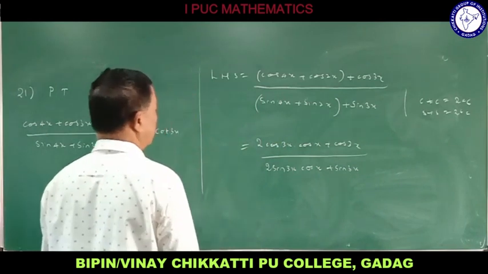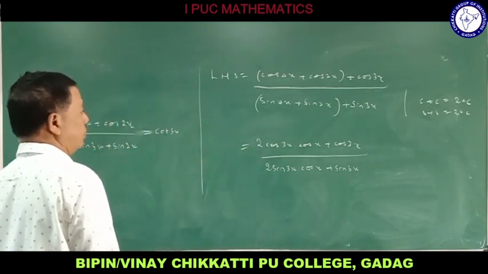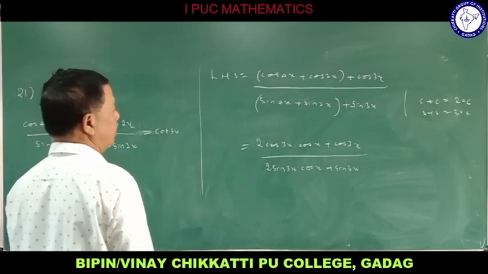Try to understand: 2 cos 3x cos x, 2 sin 3x cos x.